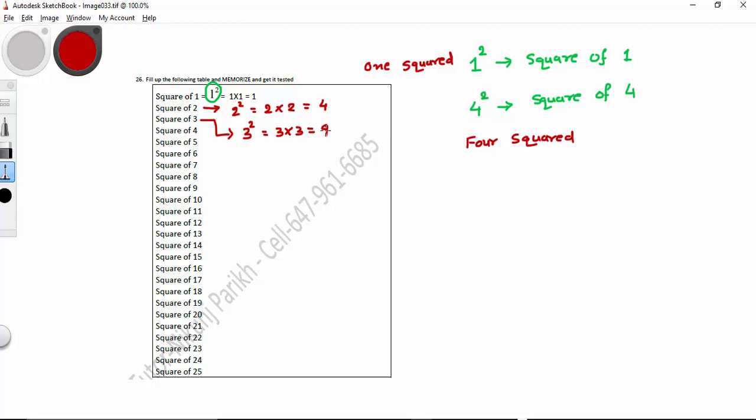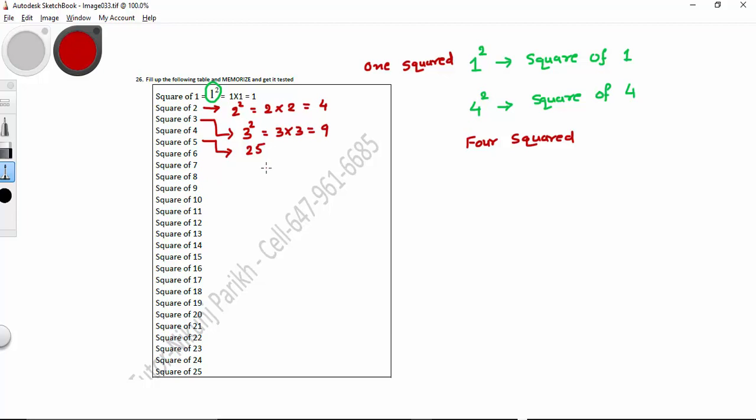You get it? So similarly, you have to fill up the entire table from square of 1 to square of 25. And you have to write each of these expressions. You get it? And after that, you have to memorize this. So if I ask you, what is the square of 5? Then you should be able to answer that the square of 5 is 25.